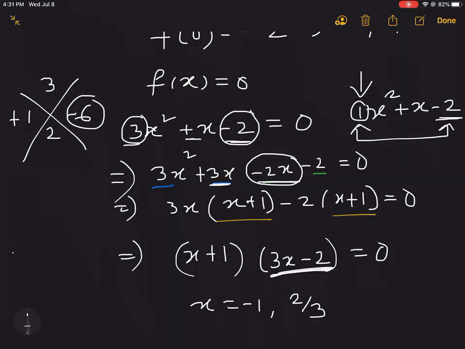Oh, I can see, yeah, here, right. I forgot to add -2 there, but yeah, I have done this right in the main calculation. Yeah, no worries, thank you for the correction. So as you can see, this should be x-intercept, right? Your x-intercepts are -1 and 2/3.